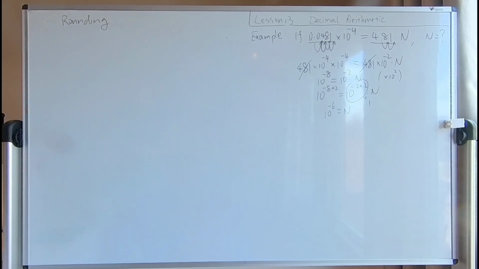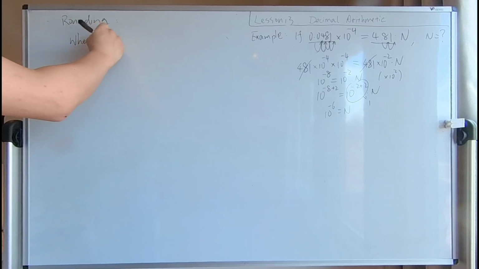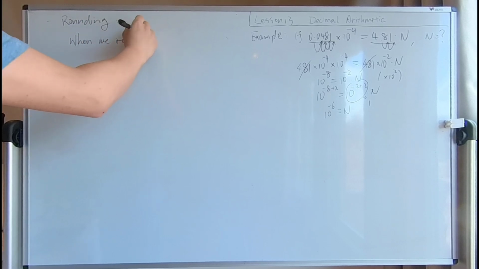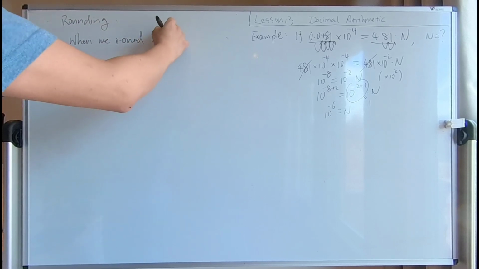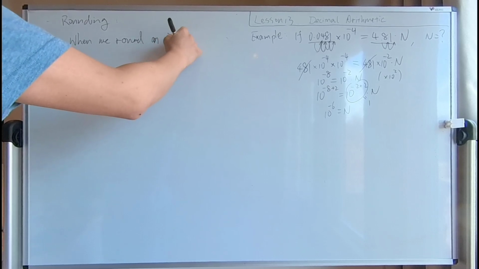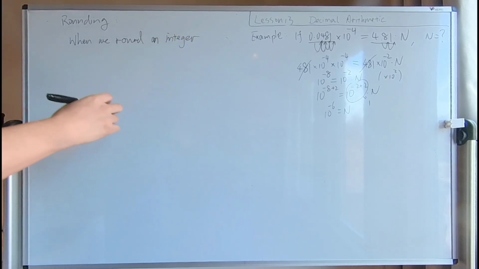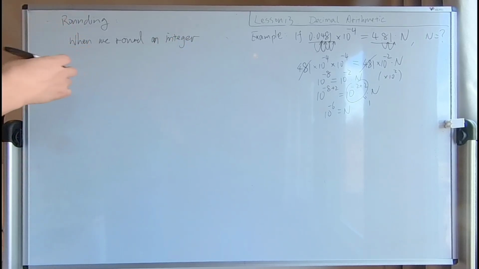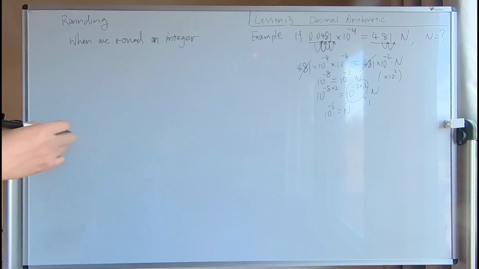So rounding will help you to simplify your decimal number, and there's a certain logic, or certain rules, when you do the rounding. We start from rounding the integer first, and later on you will see that rounding integers and rounding decimals are the same thing.